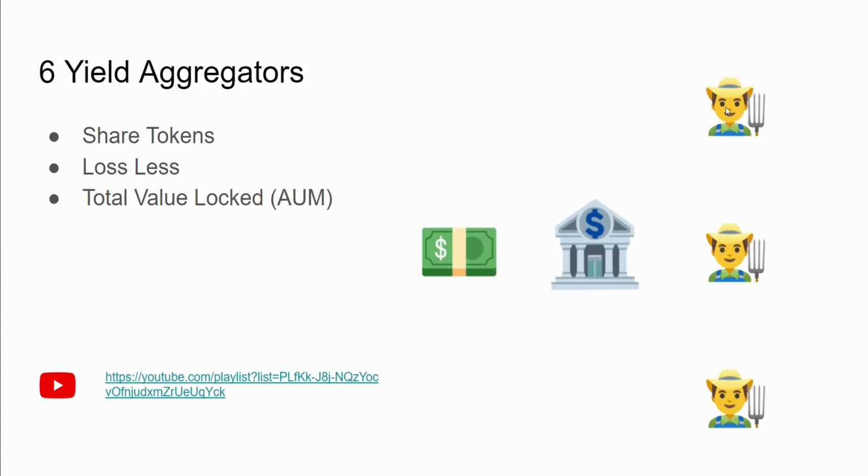So let's say $1 worth of rewards. Maybe they take 50 cents of that and they keep it and they give the rest to you. Now, why would you want to give them 50 cents? Because you do nothing, okay? Because all the gas costs of this are socialized across everybody who has put their assets inside the yield aggregator.